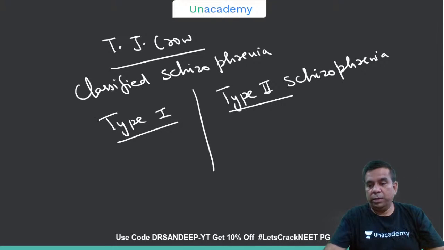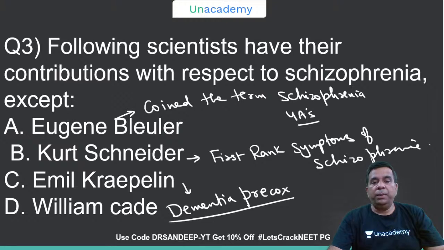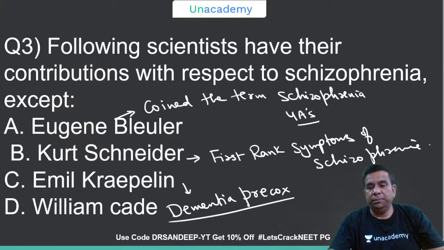C or D? Kraepelin has given it, so it's a D basically, except William Cade, who did not talk about anything.